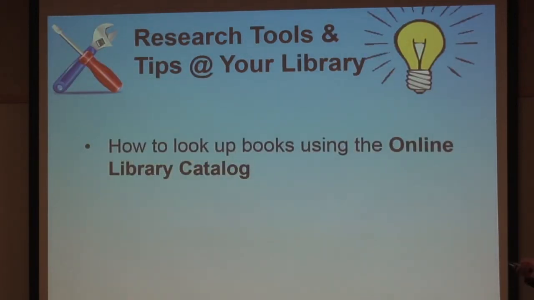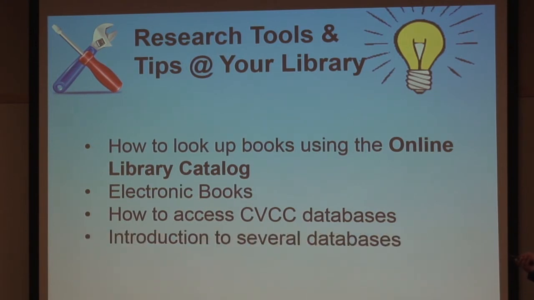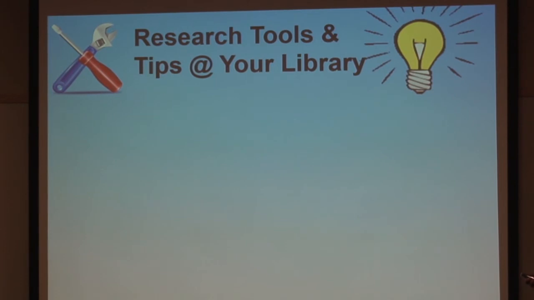Okay, again, in summary, we've learned how to find books using the online catalog. You've been introduced to electronic books. And again, my favorite tool, the CBCC databases. We've been introduced to several, but remember we have 150 of them.